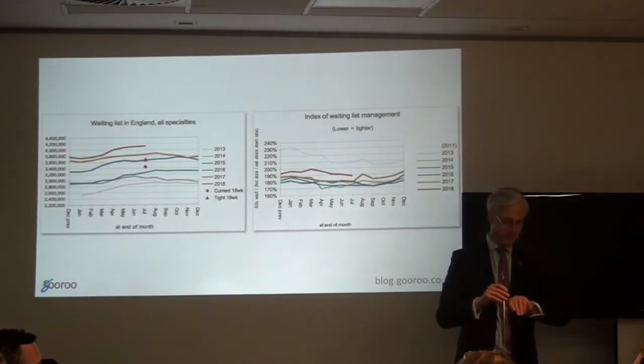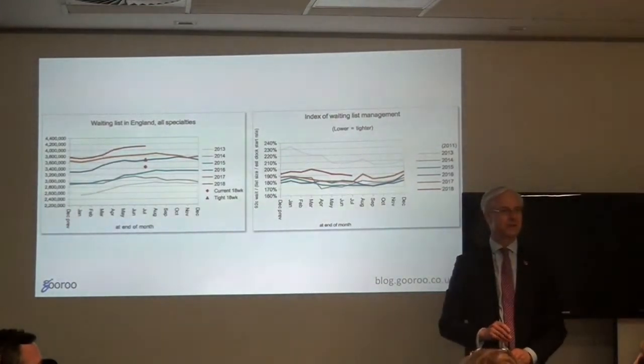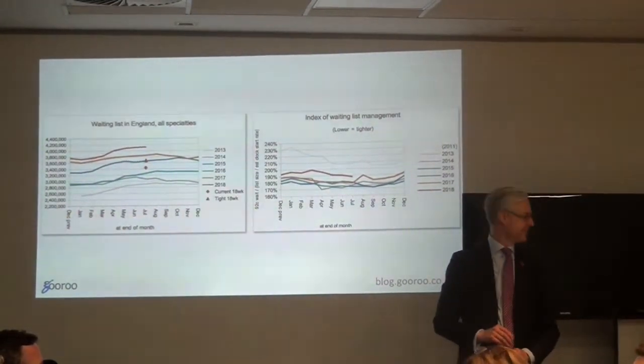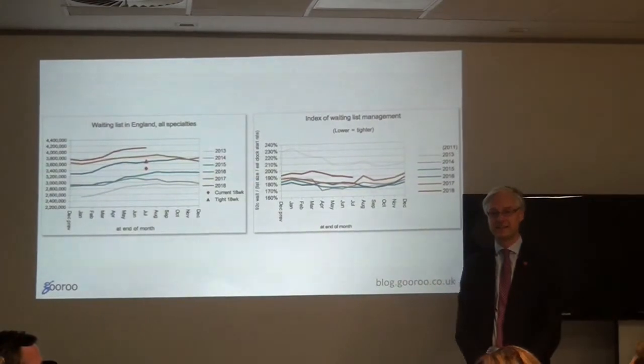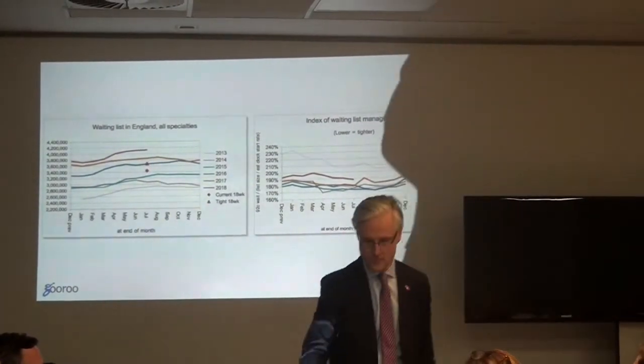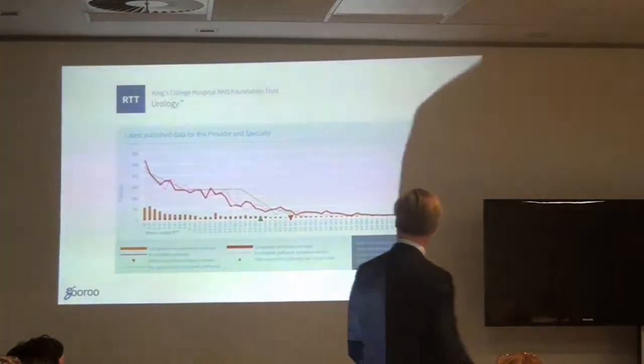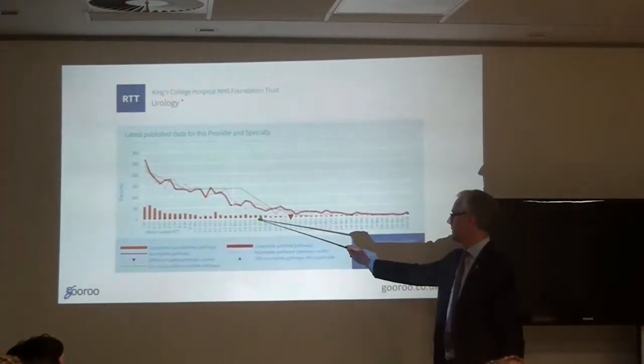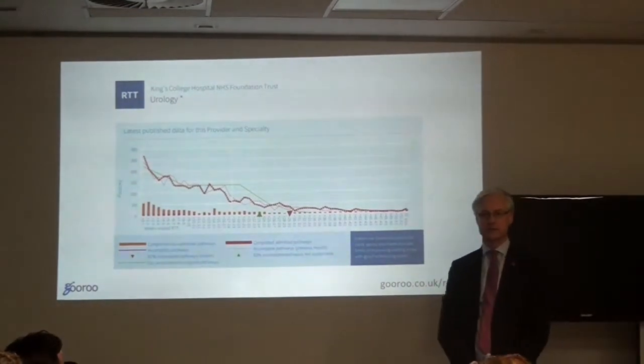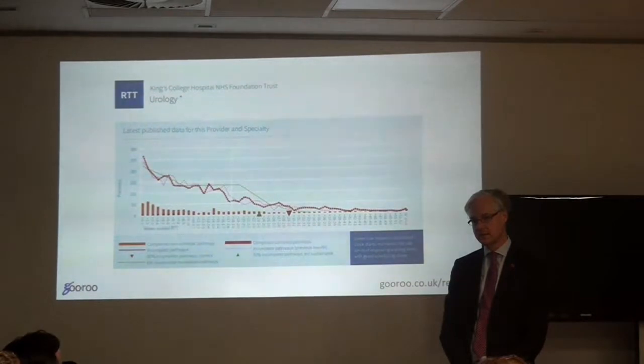Right. Any others? I think we've reached. So on your King's slide, you had a green block for where they could get waits down to. Presumably you could add up across all specialties, across all providers, and then come out with an equivalent red blob on your last slide.